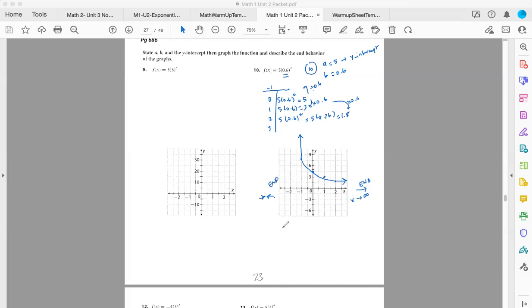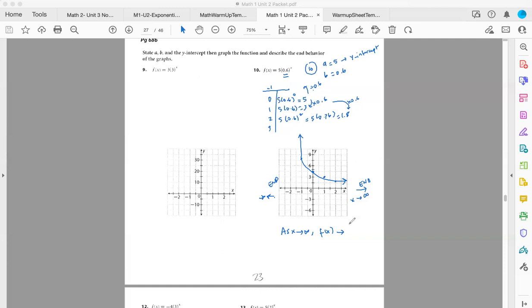So how do we say this? As x goes to infinity, as x goes to the right, where is your graph going? Your graph is going, remember, from 5 to 3 to 1.8. So f of x is approaching what? So 5 is becoming 3, which is becoming 1.6, so it's getting smaller and smaller.